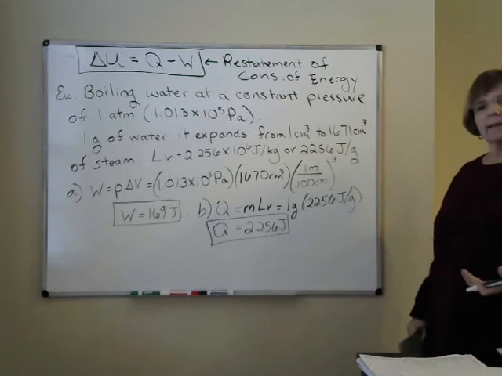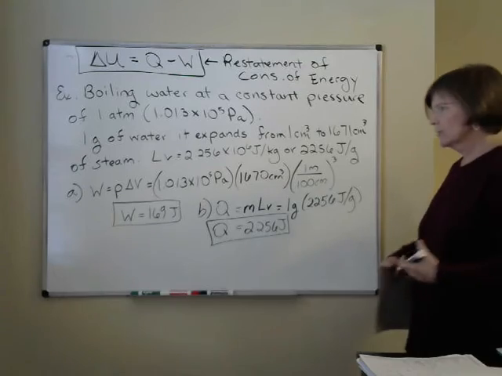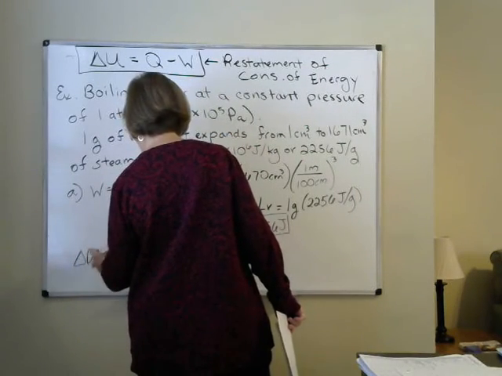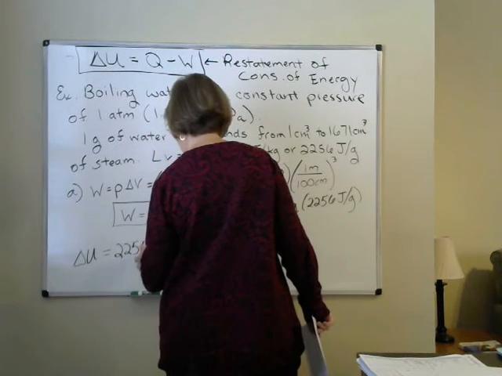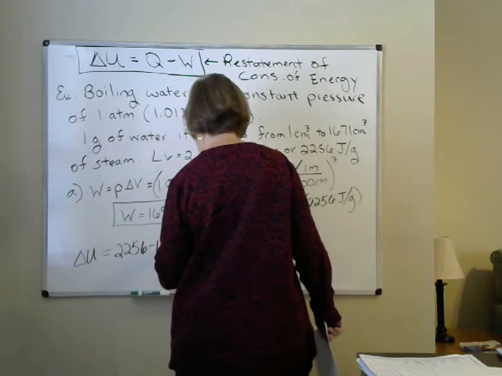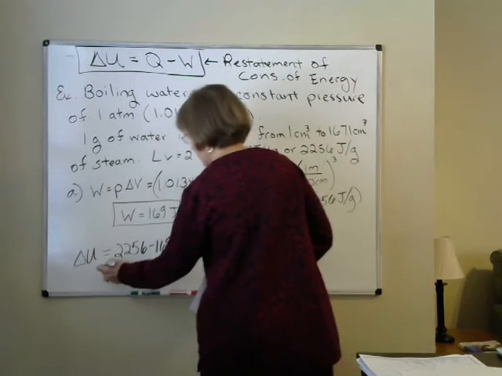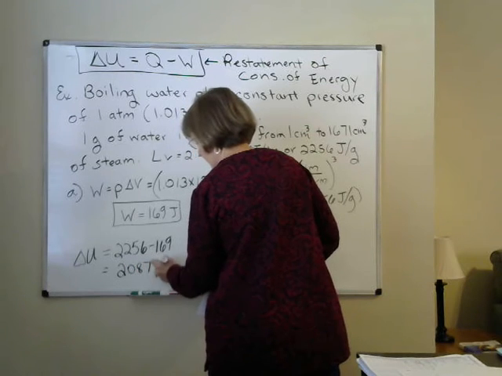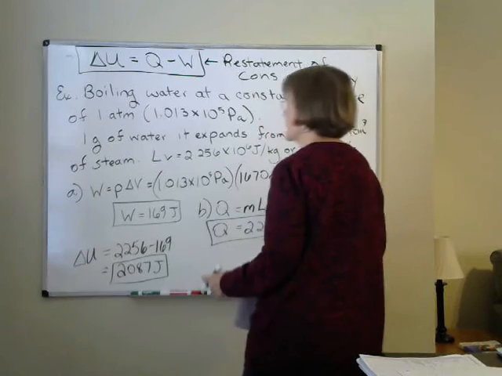There's only one thing left to do, and that's calculate our change in the internal energy. It is equal to the heat we added minus the work that was done, and that came out to be 2,087 joules.